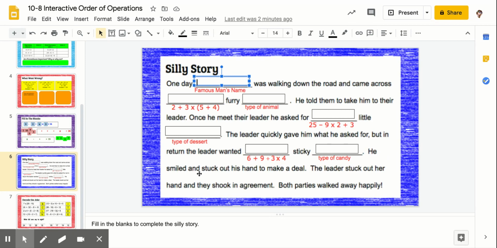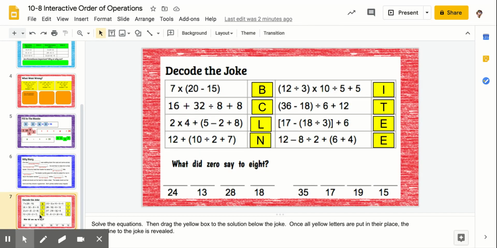He smiled and stuck out his hand to make a deal. The leader stuck out her hand and they shook in agreement. Both parties walked away happily. So you're going to pick whatever types of nouns for your Mad Libs, and then you're going to solve for the number.